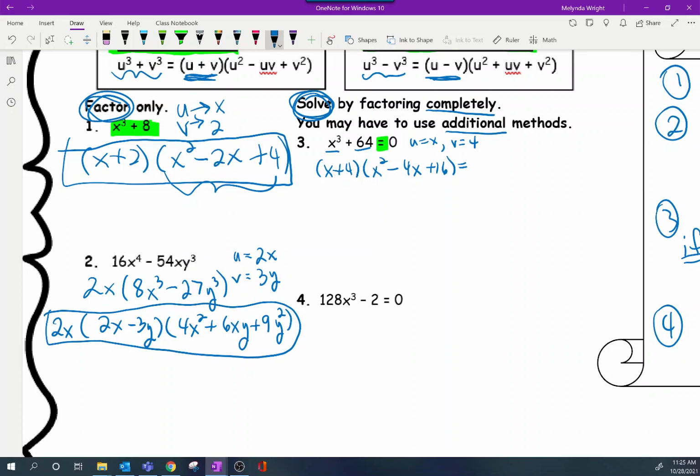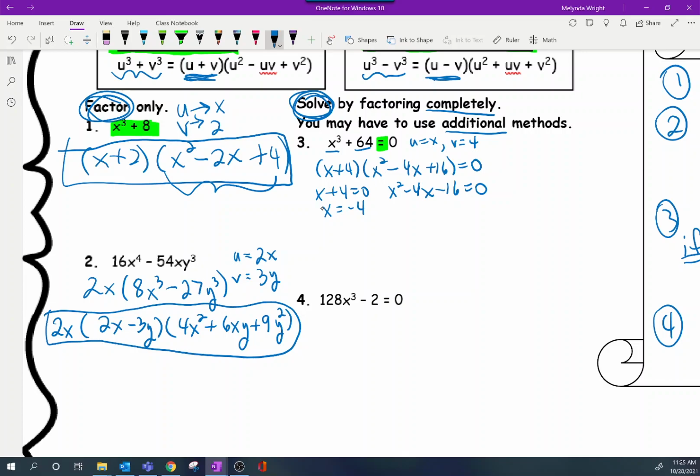All right, great. So we set each bubble equal to 0. So x plus 4 equals 0, and x squared minus 4x plus 16 equals 0. This one is easy. Just move the 4 over, so x is negative 4. That's one of my answers. On the second, the trinomial, I have some options on solving. We've been talking about that for a while.